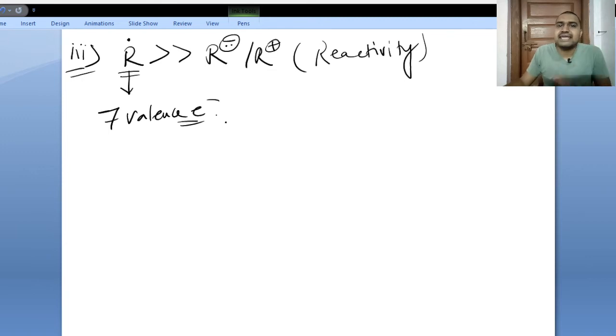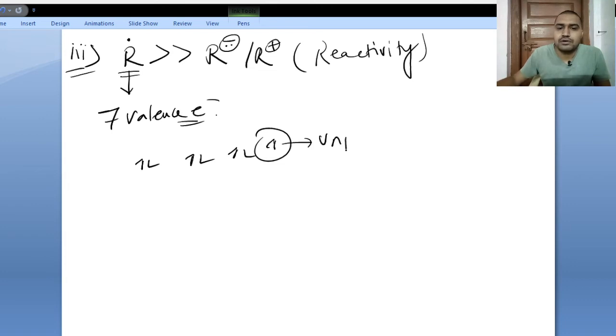So in any case, this always involves a single, unpaired electron, right? All the 7 electrons can't be paired in pairs of 2. So it always has an unpaired electron.